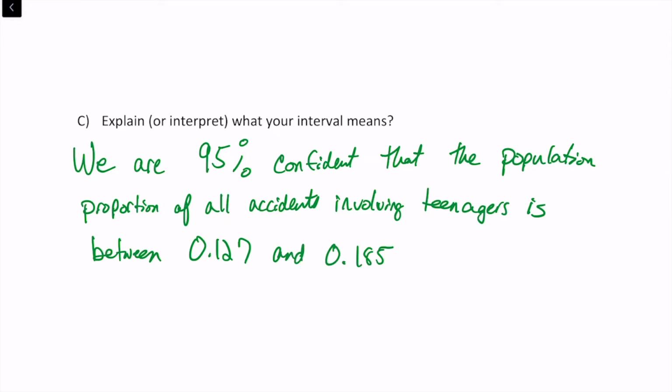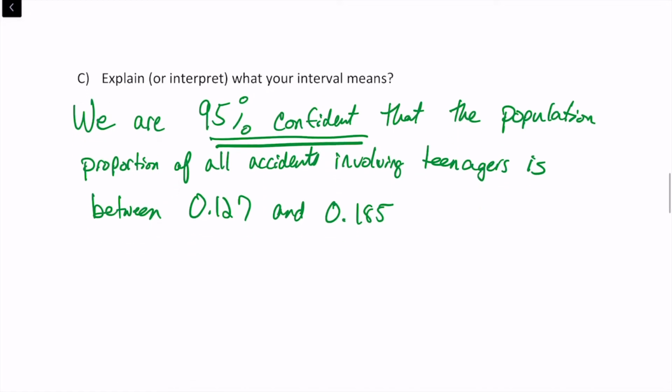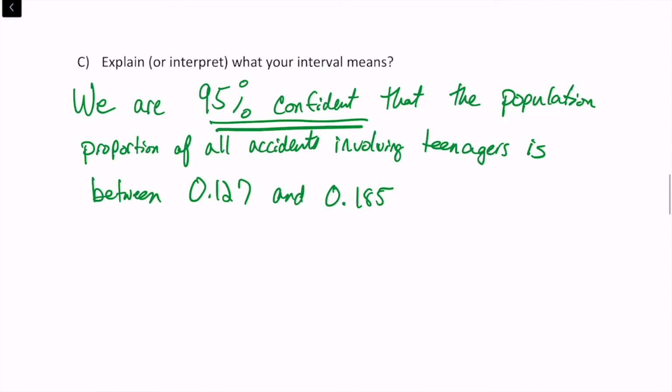That's it. It's very important, guys, that you say that you are 95% confident. Do not say there is a 95% chance that the population mean is between 0.127 and 0.185. Don't ever say that. So we say we are 95% confident that the population proportion of all accidents involving teenagers is between 0.127 and 0.185.